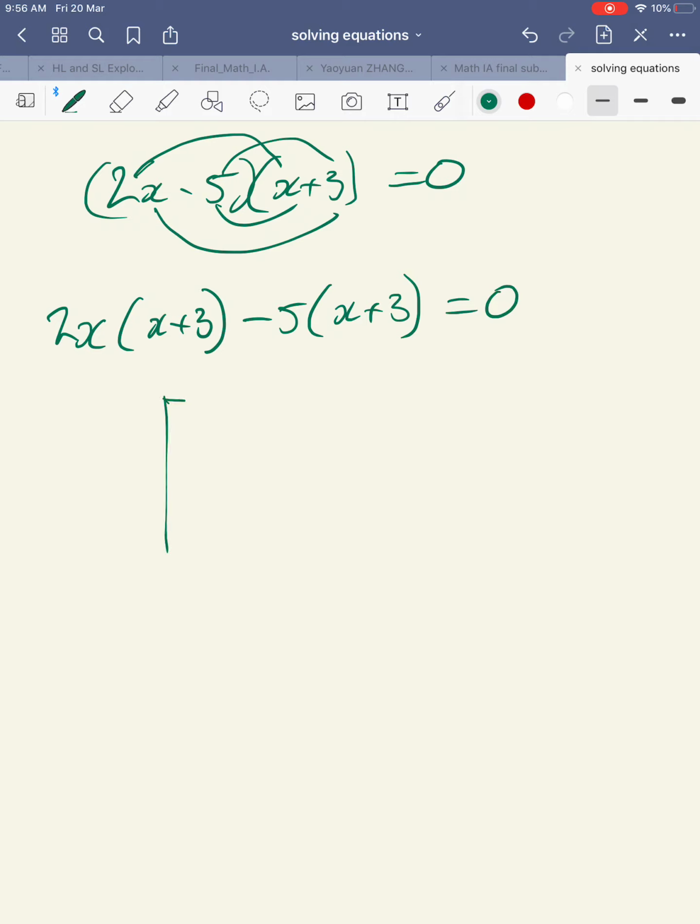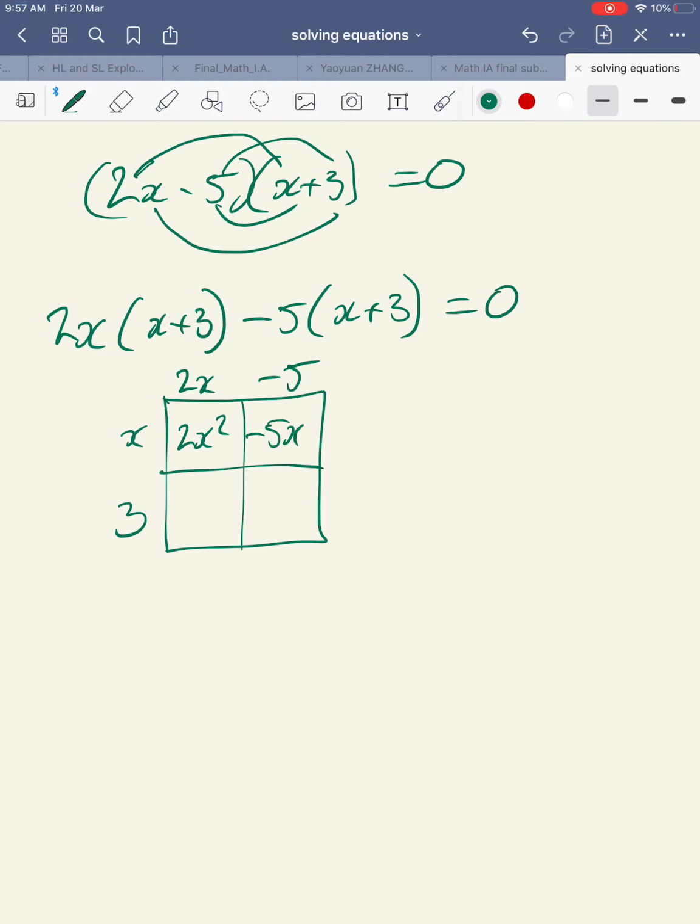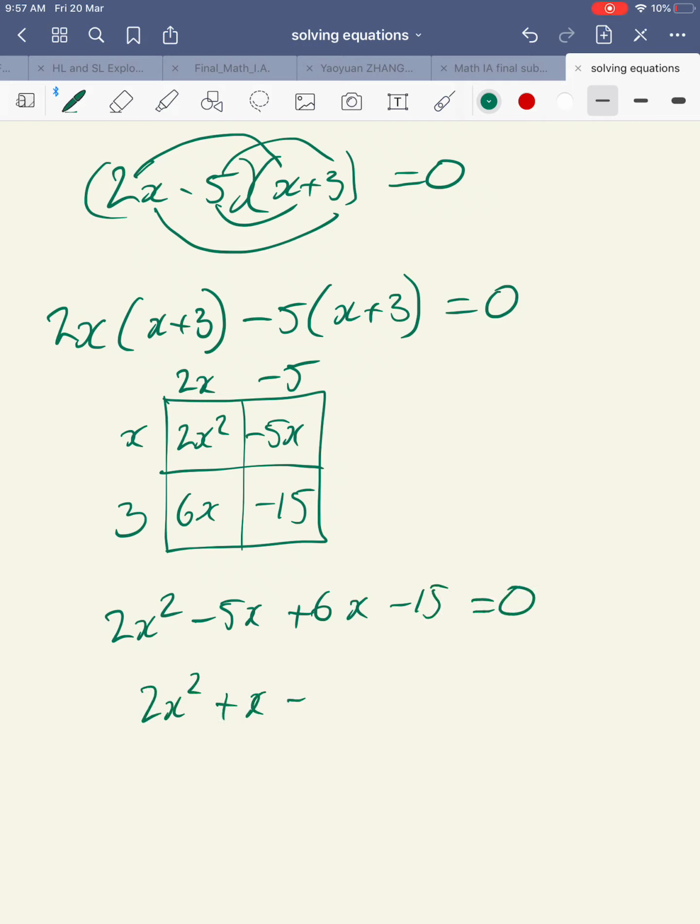I've also got the grid method. Here's 2x and here's negative 5. Here's x and here's 3. So in here 2x squared, negative 5x, 6x and minus 15. And when I add all those pieces together, I've got 2x squared minus 5x plus 6x minus 15 equals 0. So 2x squared plus x minus 15 equals 0.